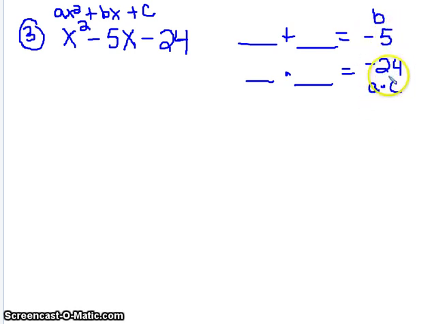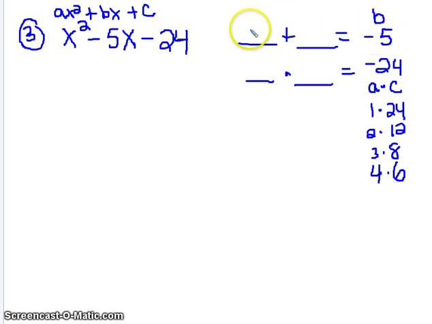My numbers that equal 24 are 1 times 24, 2 times 12, 3 times 8, and 4 times 6. Now looking at these combinations, if I subtract, the only way I can get a 5 is by using my 3 and my 8. If I want a negative 5, then that means my numbers are going to be negative 8 and 3.